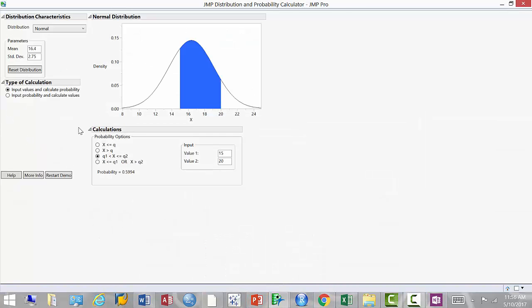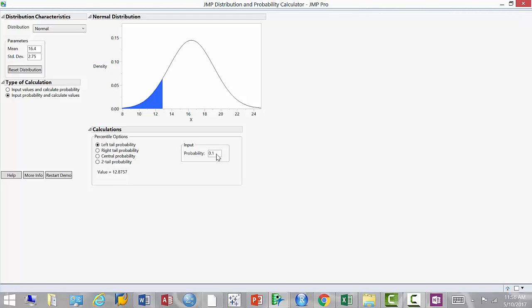Okay. So I have to switch the type of calculation. It's not probability given value, it's the value given probabilities. I'm looking in the left tail of the distribution, and the probability in the left tail is going to be 0.1. It tells me that 10% of the most economic families spend $12.88 or less.